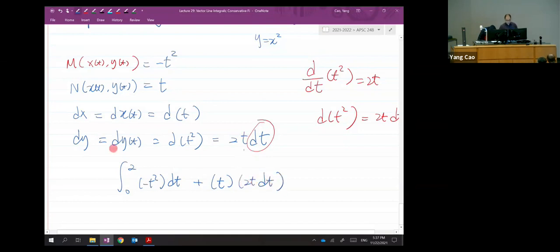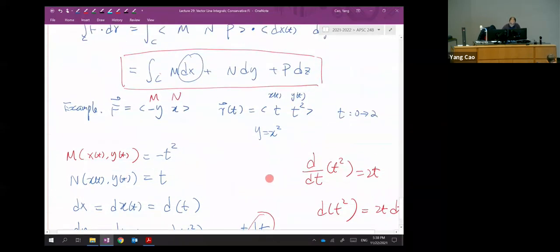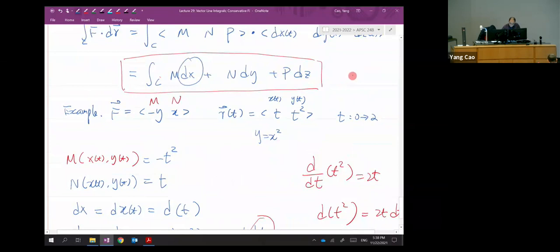That's your dy. You put everything together, calculate the integral, and you get a result over 3. This is how you can use the alternative formula. Whichever you feel comfortable with when you practice, you can choose, but no matter which one you choose, you should have the same results.